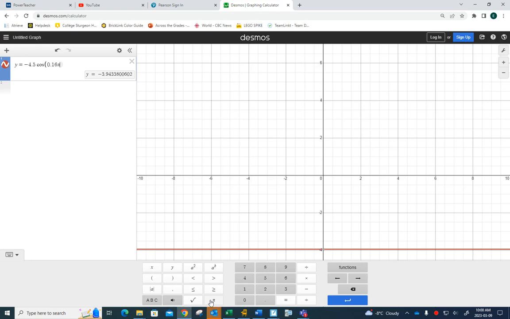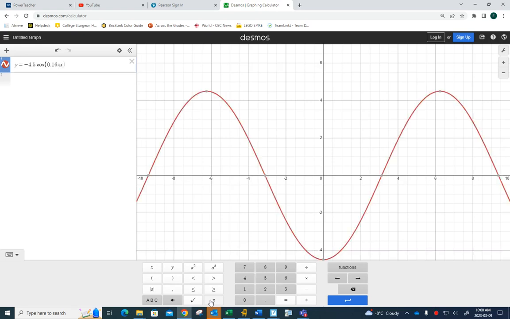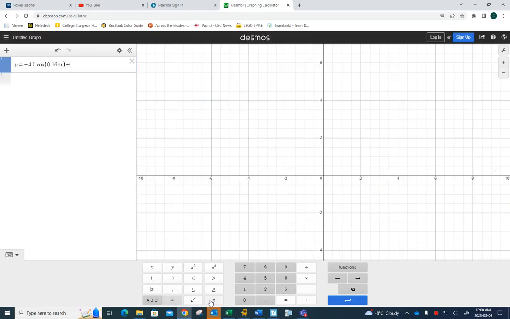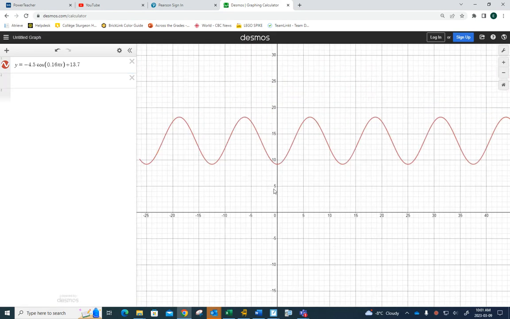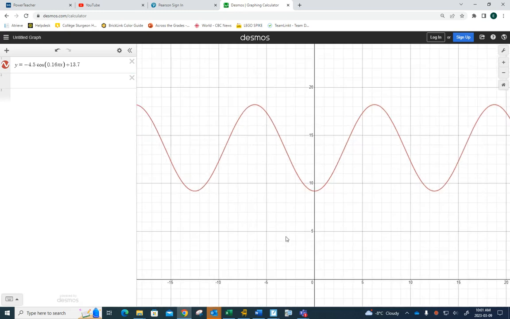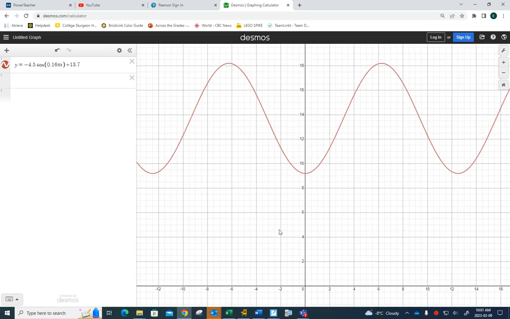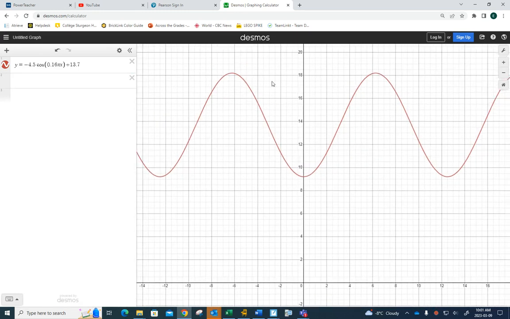It has times t, but in Desmos and the graphing calculator you can put x, plus 13.7. And if you scroll out, you will get the exact same graph that we drew.